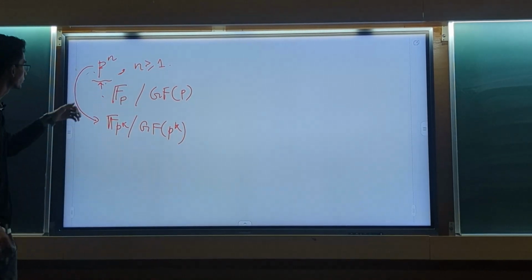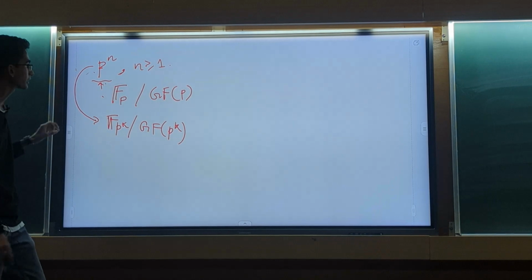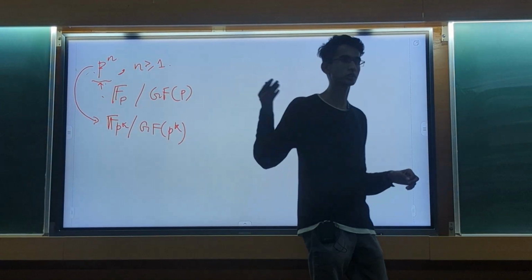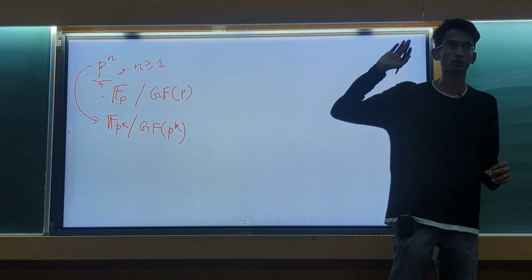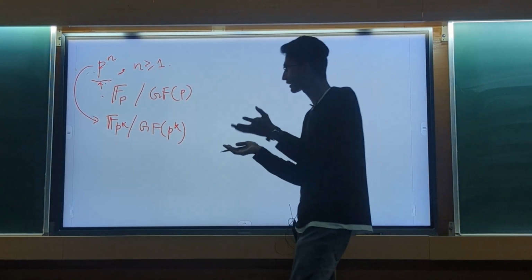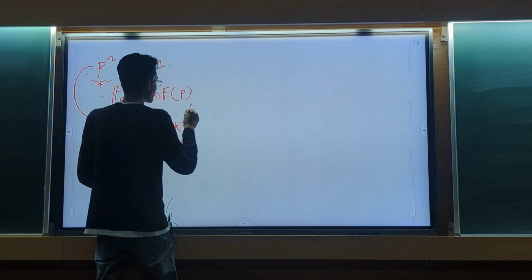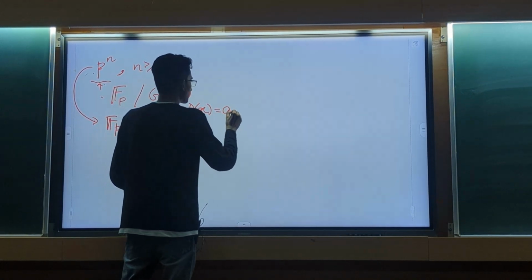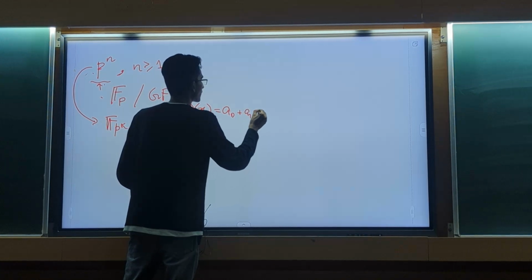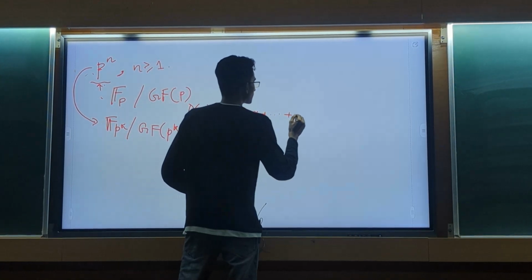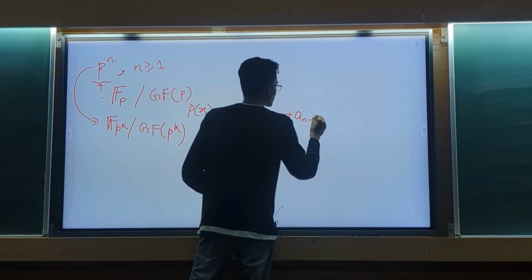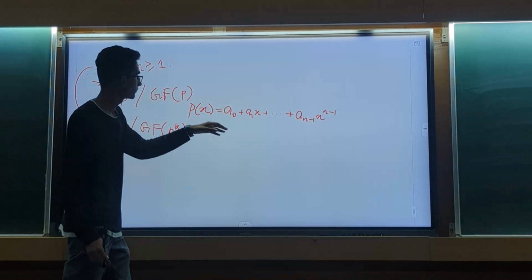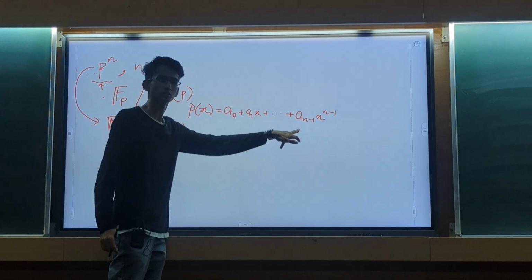Now for this, I look at all polynomials in x with degree at most n minus 1. So I have p of x: a0 plus a1 x plus up to a n minus 1 x power n minus 1, where a n minus 1 could be 0.